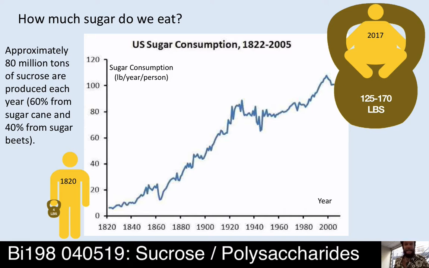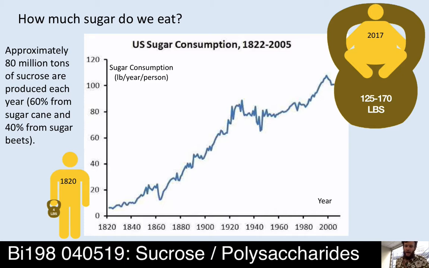Back in 1820, when the Danish West Indies sugar trade was beginning to wind down, but still not far from its peak production, the average person in the UK ate about 4 pounds of white sugar a year. 4 pounds per year.